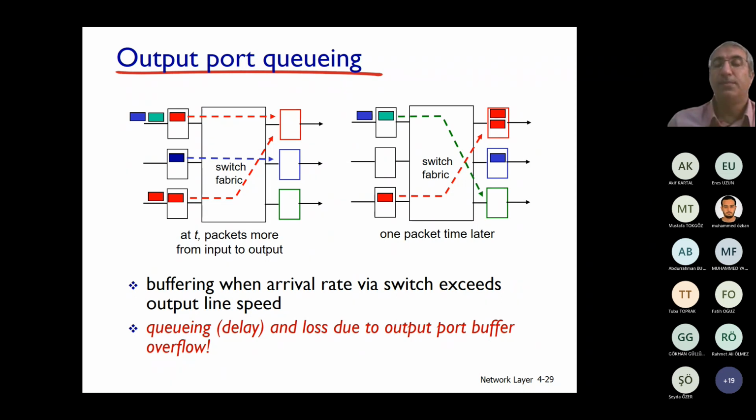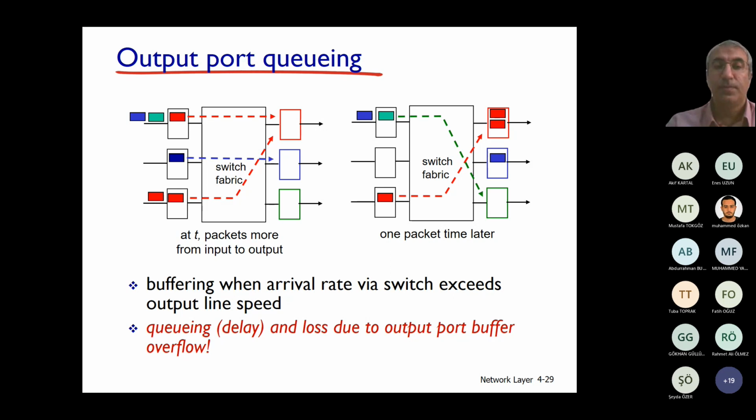So we said that buffering is required when the arrival rate exceeds the output line speed, right? And then there is queuing and loss because of buffer overflow. So let's look at this. At this time t, I receive a red in the first line, a blue in the second line, and a red in the third.